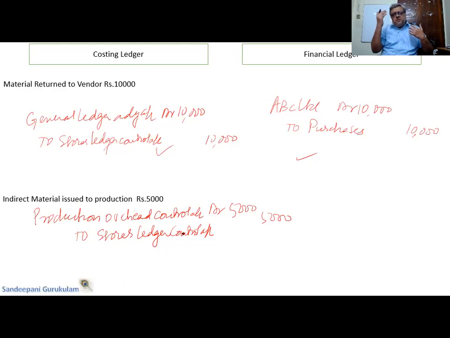So no problem. You recollect what is done in the financial books and just replace the real account and personal account with general ledger adjustment account. Simple. And you just need to know the terminologies used in the two different ledgers. Here purchases, there stores ledger control account.